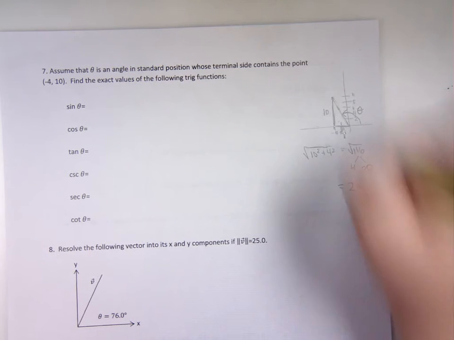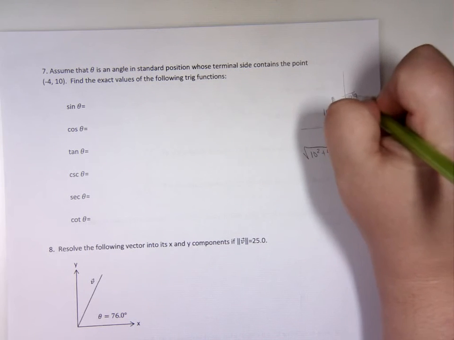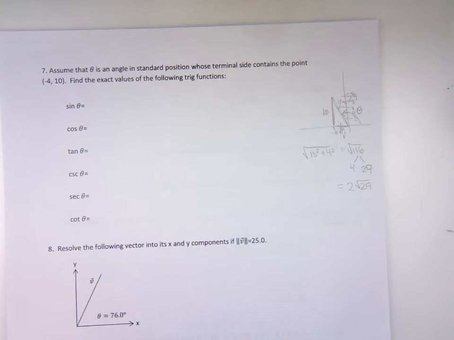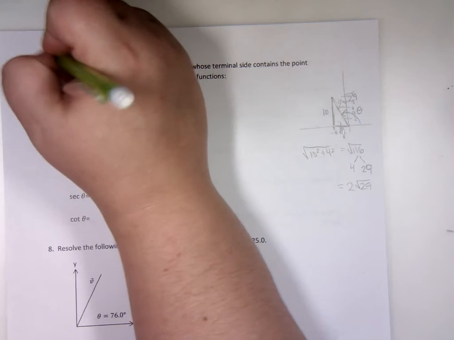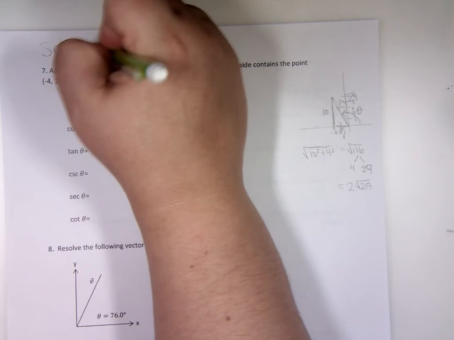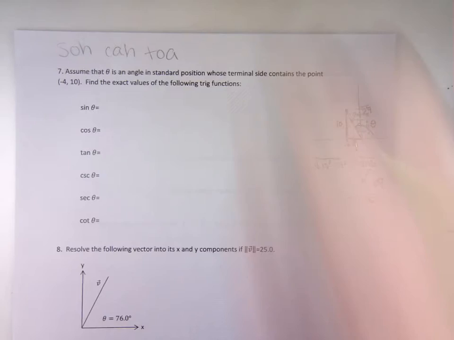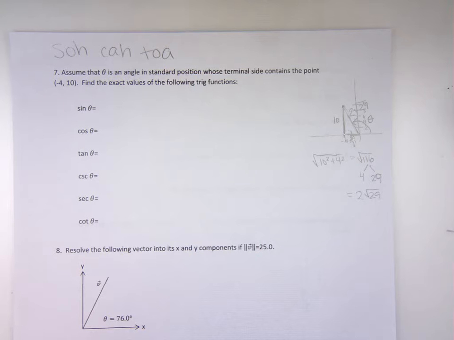So that's the length of the hypotenuse. Okay. So let's remember SOHCAHTOA. Sine is opposite over hypotenuse. Cosine is adjacent over hypotenuse. Tangent is opposite over adjacent.